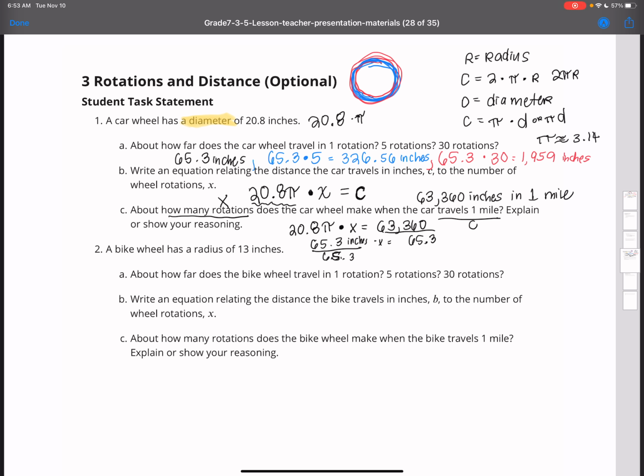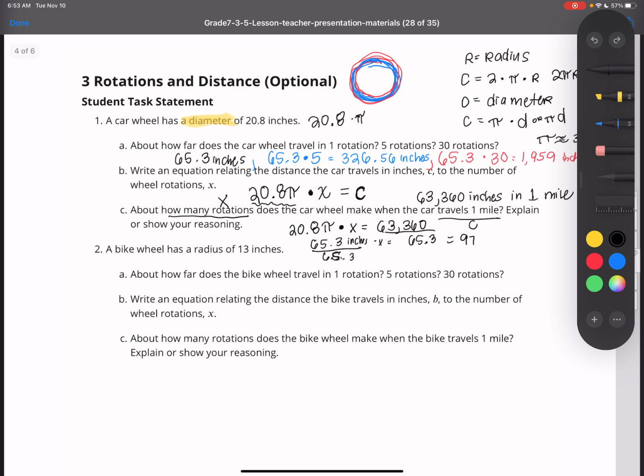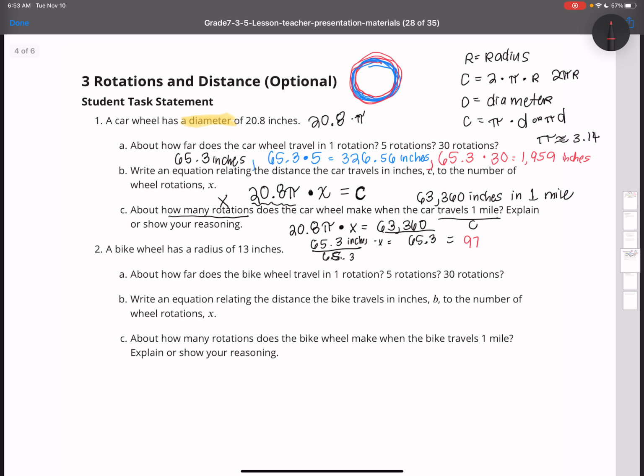This is the number that it gives me though. I'm going to write it in a different color so you guys can see it. I hate that it doesn't give me so much room to write, but we're making it work. So it's going to give me about, and I'm rounding to the nearest thousandth, 970 and 29 thousandths.